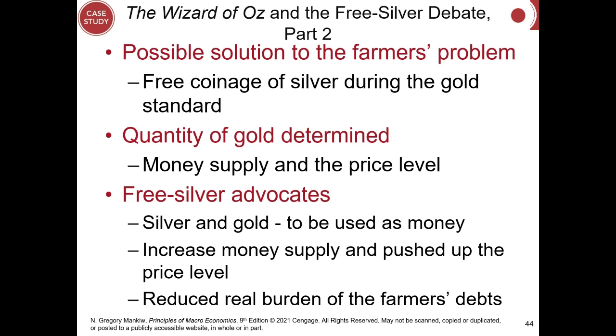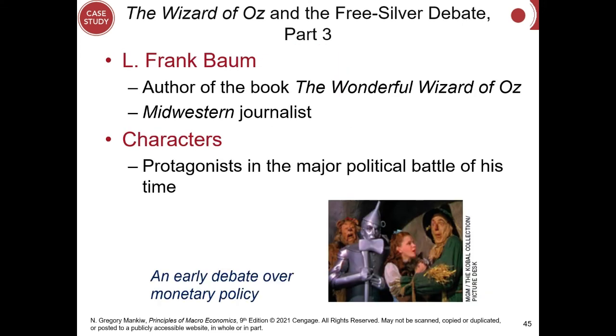When inflation occurs, wealth shifts from the creditors to the debtors, right? So the debtors are going to have an easier time paying off their loans, and basically it's going to help the farmers in this case. The author was L. Frank Baum.